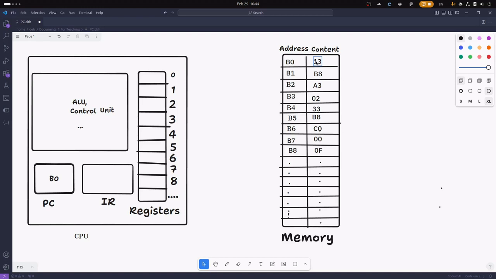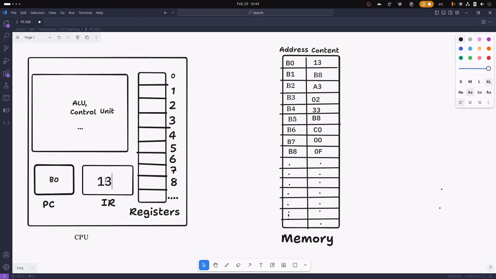As a result, these two values, 13 B8, get into the instruction register, and immediately the value of the program counter changes to B2. Why B2, why not B1? Because we already got the value of B1. This is B1 and this is B0, and we already got 13 B8 here in the instruction register.